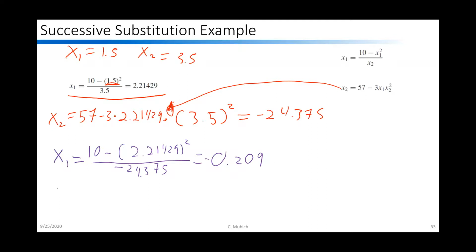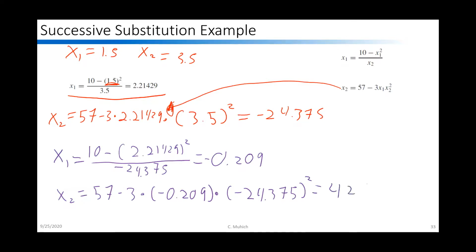We can do the same thing for x2. Plug this in, 57 minus 3 times x1, so that's negative 0.209, times x2. What was our previous value of x2? Negative 24.375 squared. This ends up being 429.709.